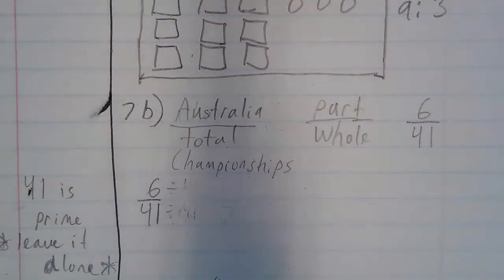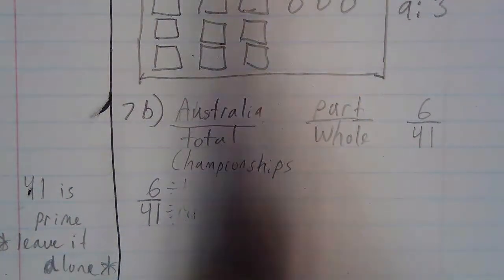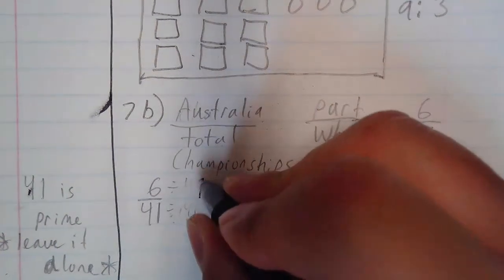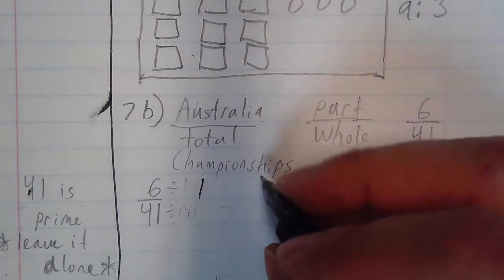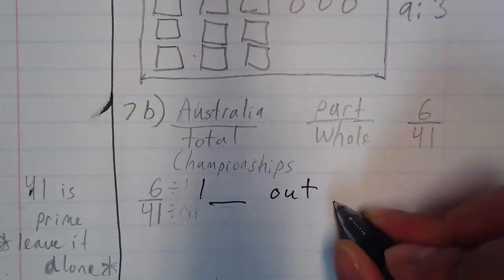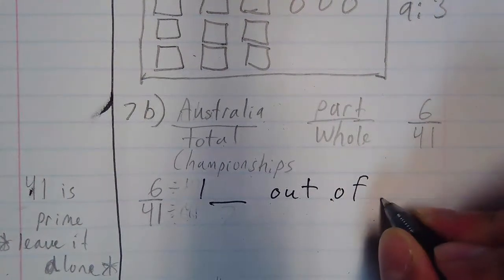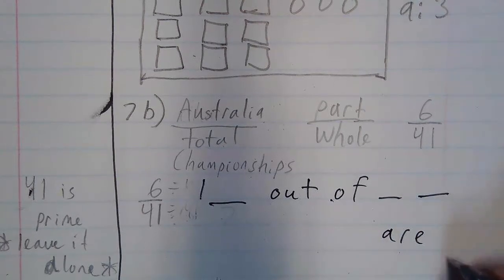Okay, but now you have to write that in English. This is part to whole. Part to whole. Do you remember the pattern? Do you remember? Uh-oh. Okay. Something out of something, something are something.